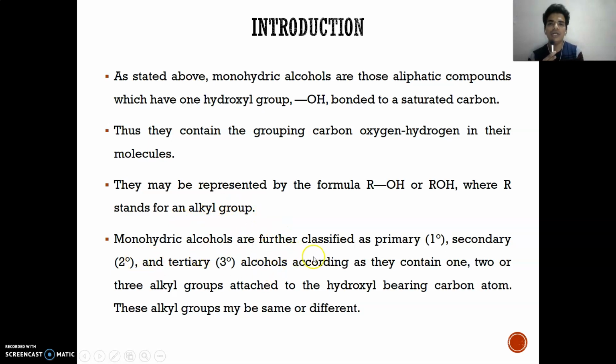Monohydric alcohols are further classified into primary, secondary and tertiary alcohols according to whether 1, 2 or 3 alkyl groups are attached to the hydroxyl-bearing carbon atom. These alkyl groups may be the same or different.